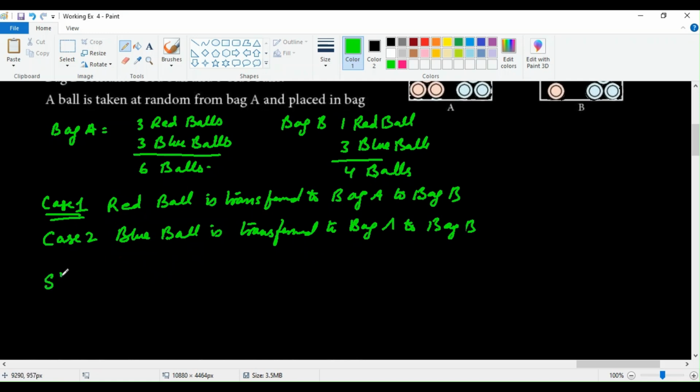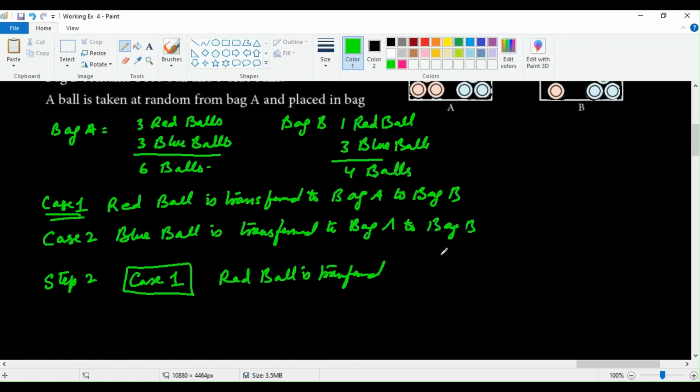Now comes step 2. When it comes to case 1, in here red ball is transferred.